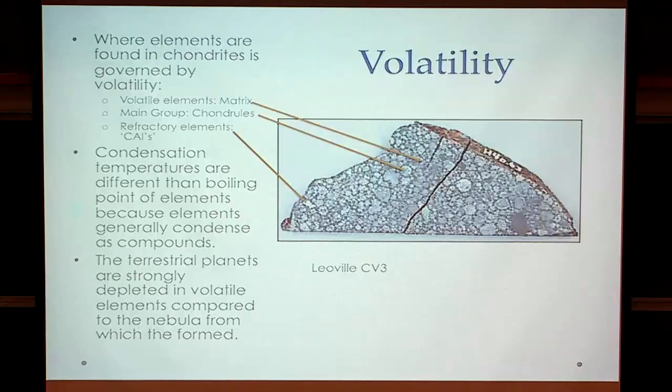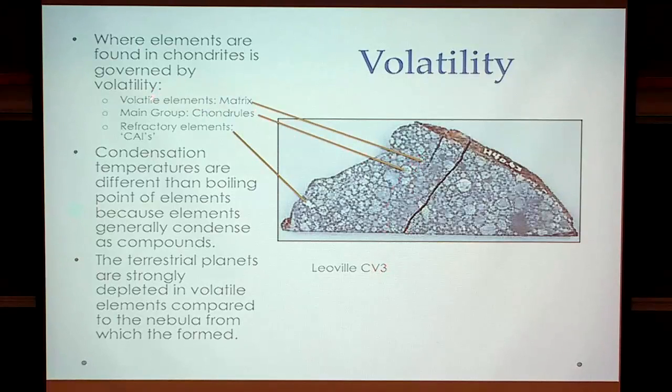Okay, now, where we find the various elements in chondrites depends largely on their volatility. We'll get into this in just a minute, but the most volatile elements typically are found in the matrix. Here's another CV3.